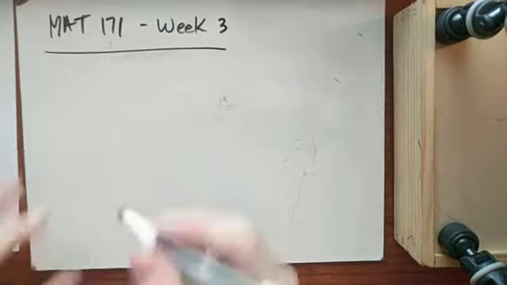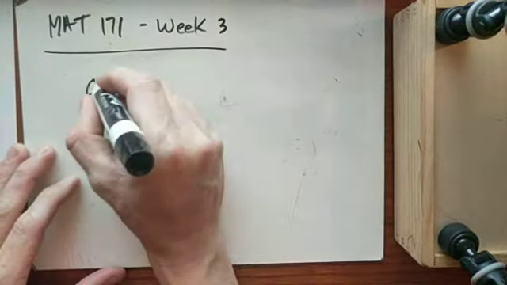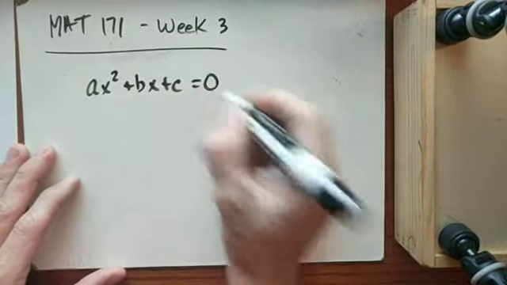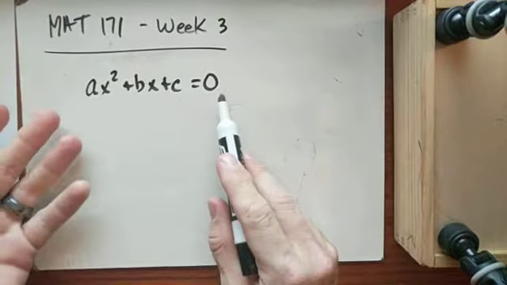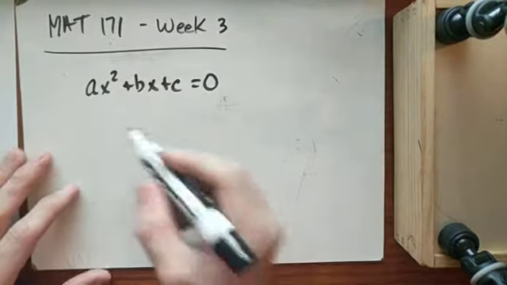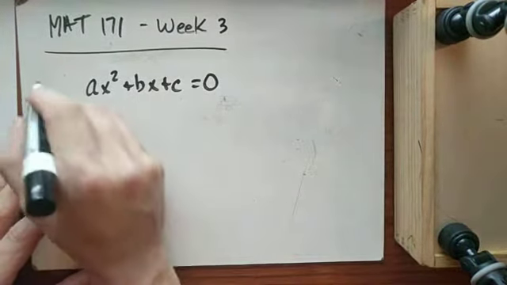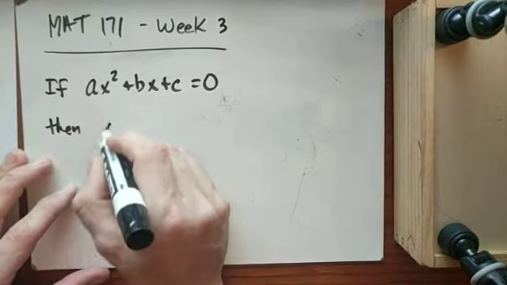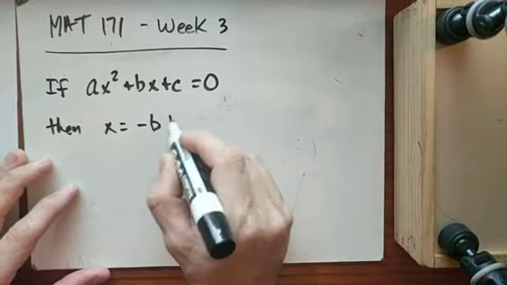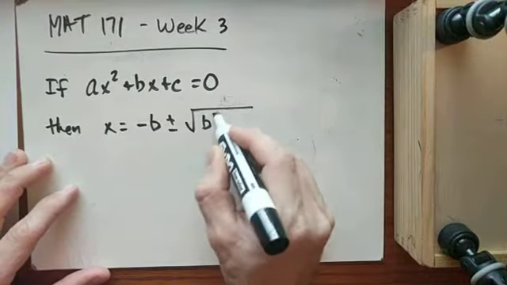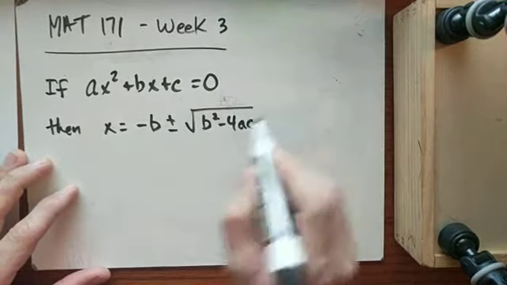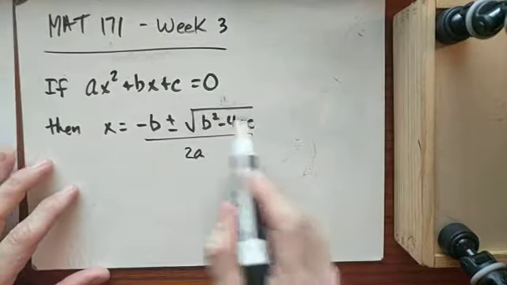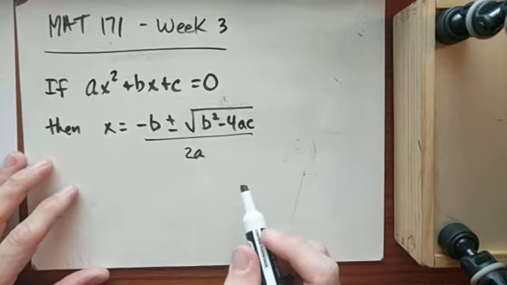So the quadratic formula kind of goes like this. If you have a quadratic equation and you can't factor it, but you want to find the solutions, then what you do is you use this formula. If we have this equation, then x equals -b plus or minus the square root of b squared minus 4ac, all over 2a. Wow, what a complicated looking formula, right?